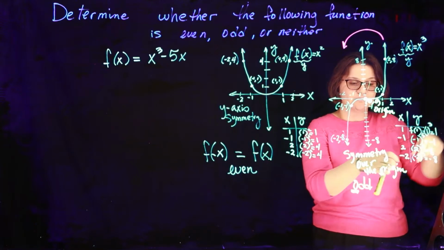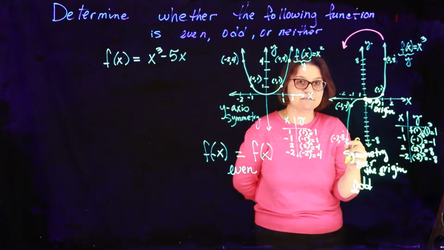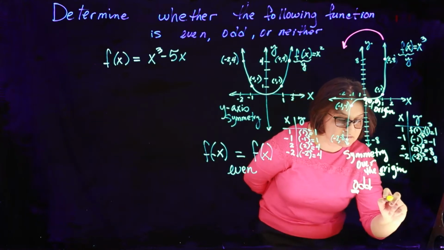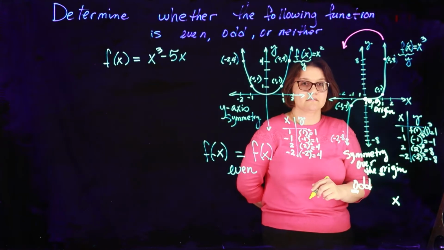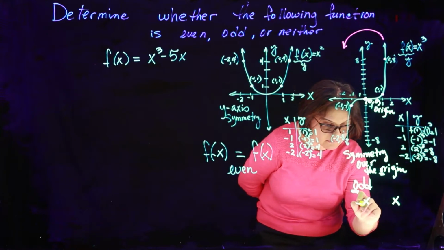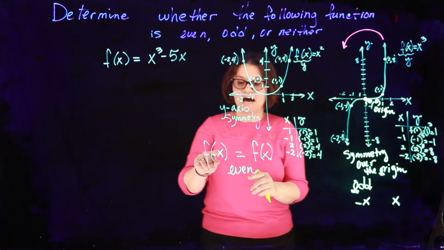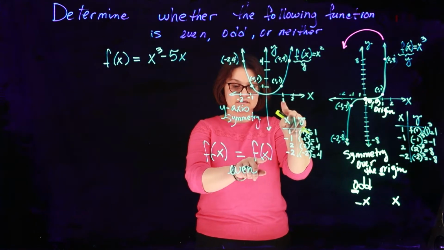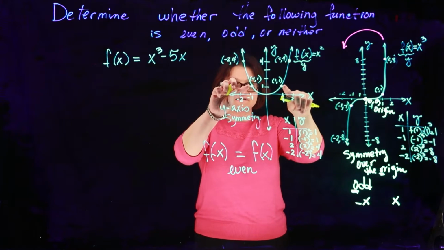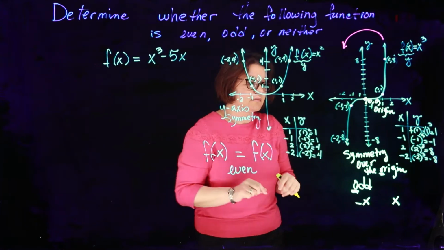Let's write this down. I'm going to take a positive x and a negative x. Here, I took a positive x and a negative x, but my function values were the same. You see?